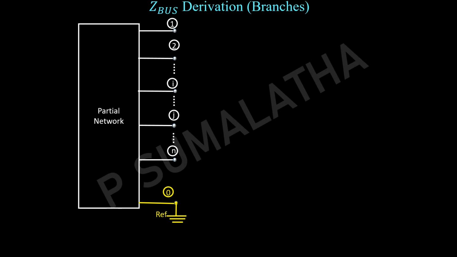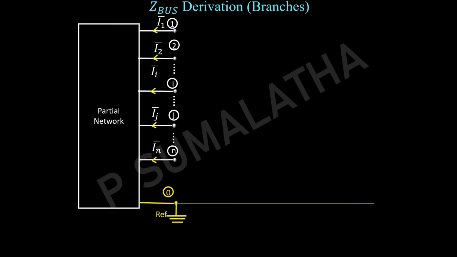Now let us consider the current with respect to each branch: I1 bar for the first node, I2 for the second node, Ii for the ith node, Ij and so on, In. Whenever nodes exist in the network, there will be some potential difference between the nodes.